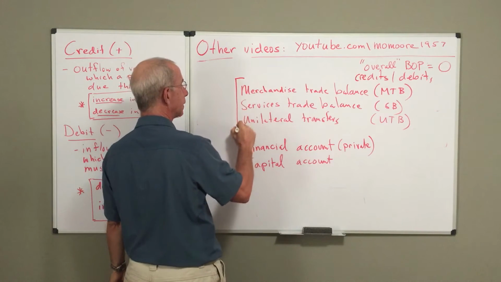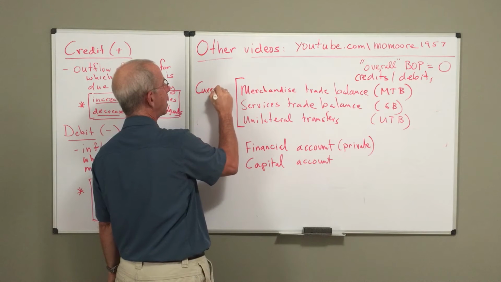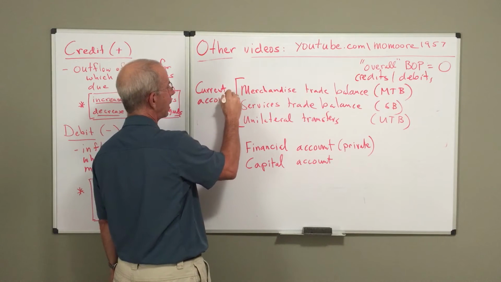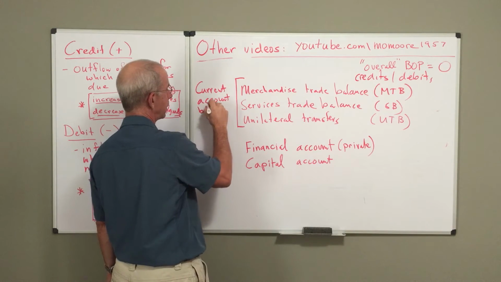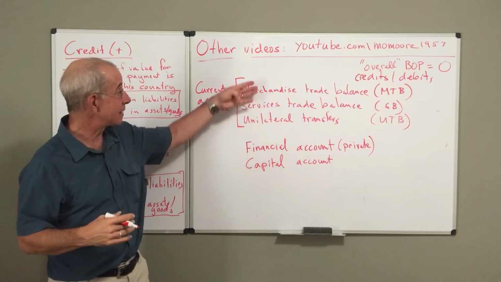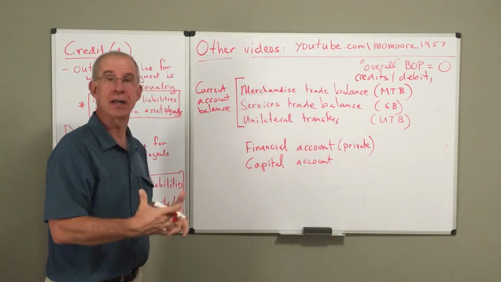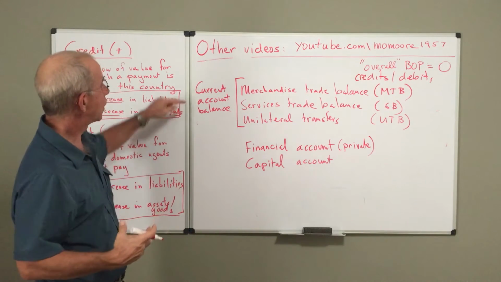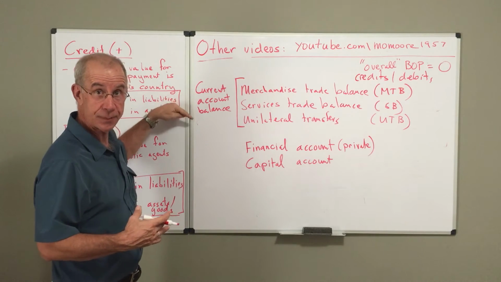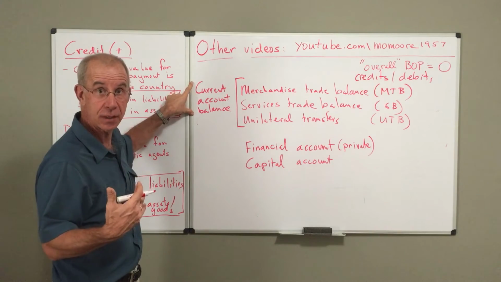These combined are generally known as the current account. That is, goods and services which are for current use. So current account balance is a very important aspect of the international transactions of a country.